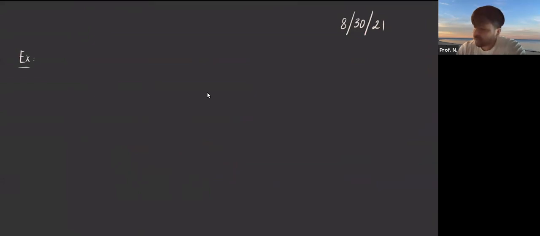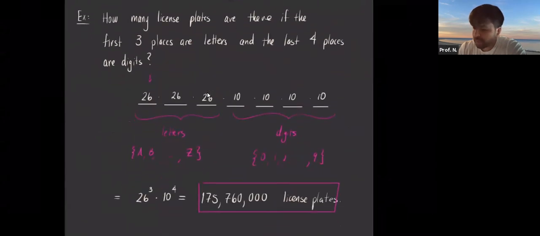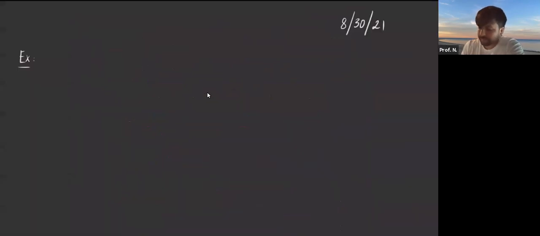The last example, the only example we talked about, was the license plates, right? How many license plates we're able to create, given the fact that the first three places of the license plates are letters and the last four places are digits. And we're able to figure out that there are 175,760,000 license plates that are possible.